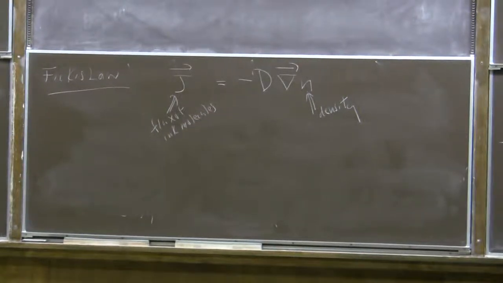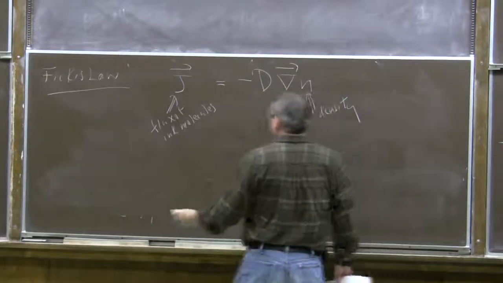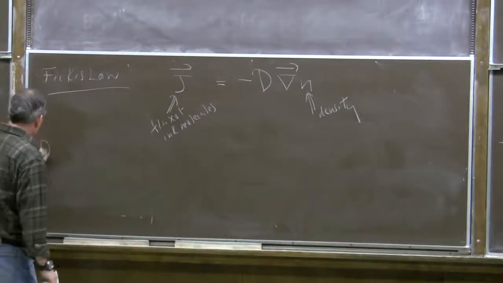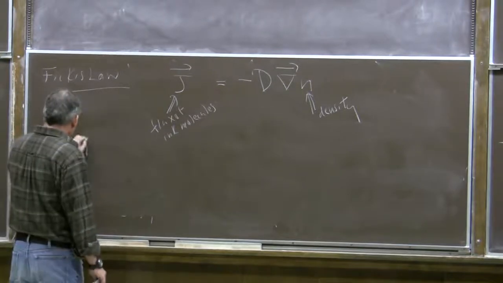Near the edge of the droplet, there's a big gradient in the ink density, and that makes the ink then spread out. And this is how it spreads out. And D is called the diffusion constant, or sometimes it's called the diffusivity.